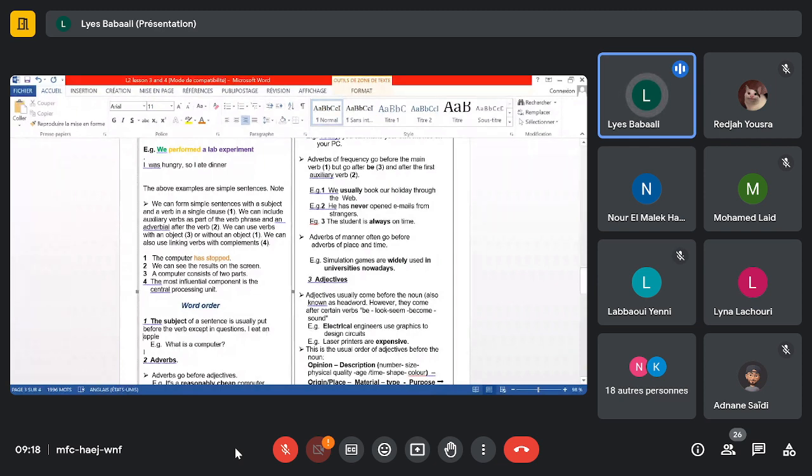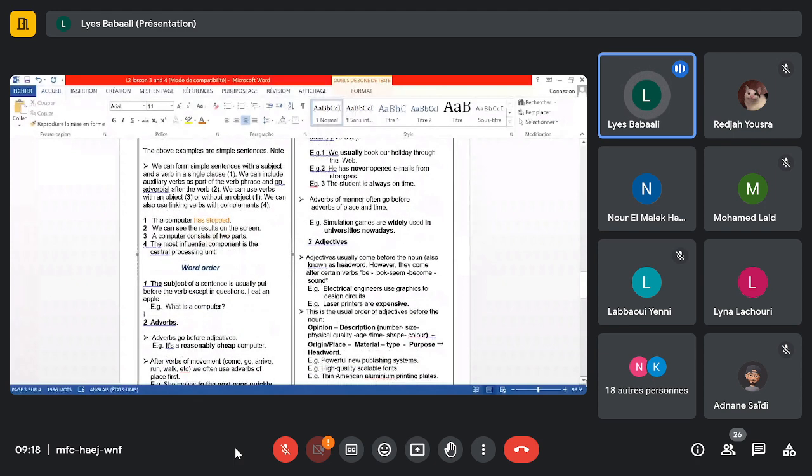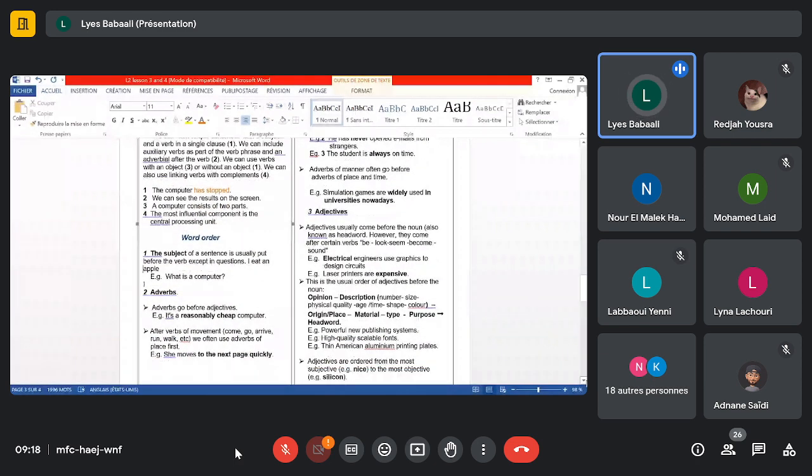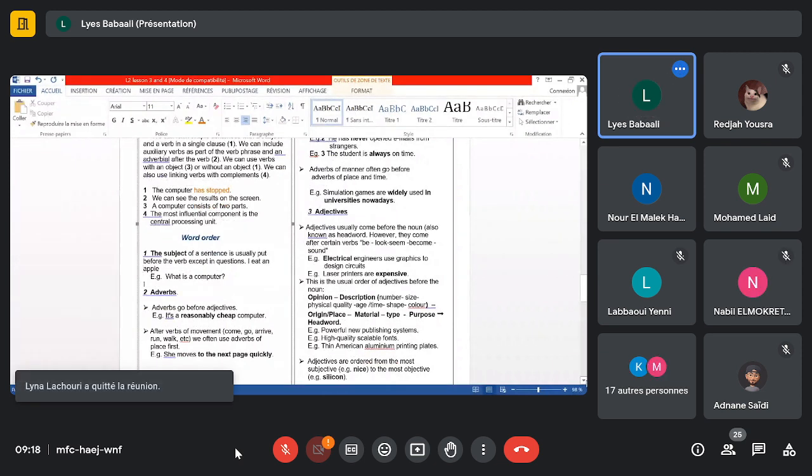About word order, we have said that the first rule that we know is that the subject is usually put before the verb, except in questions. Except in questions, it's the opposite. When we invert the order between subject and verb, usually it's to phrase a question.